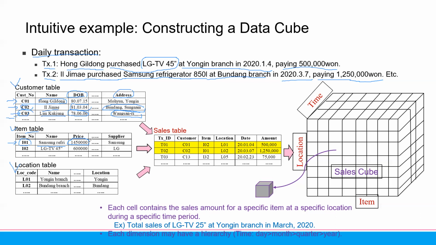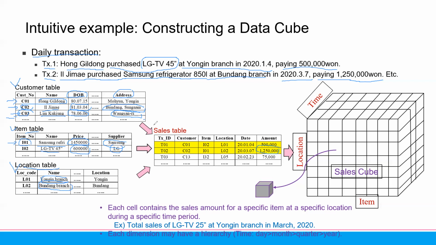But when the sales happen, maybe they have a discount, or they use the card, or they have a voucher to reduce the price. Like this one, an LG TV, the original price is 600,000. And the supplier is Samsung and LG. And the location table is related with the store. The store is in the Yongin branch, and the other store is in the Bundang branch.